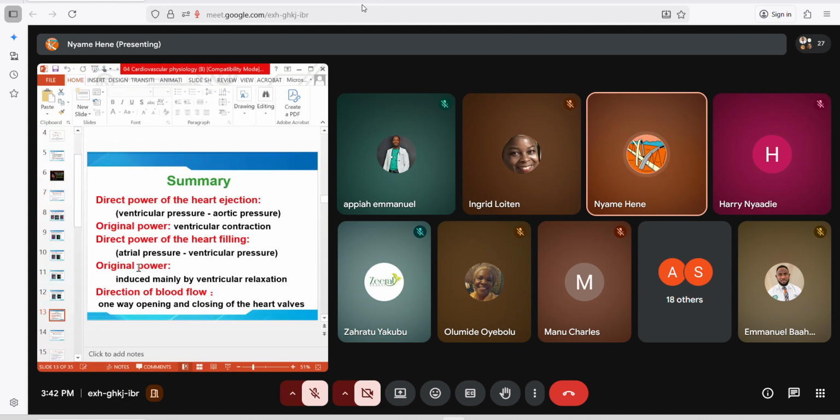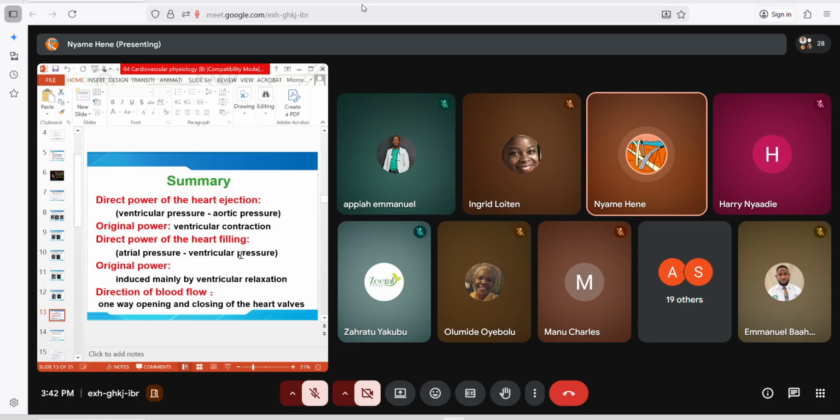The direct power of the heart's filling: when the heart is filling up, it is from the atrial pressure to the ventricular pressure. The pressure in the atria is higher, and so it opens up into the ventricles.